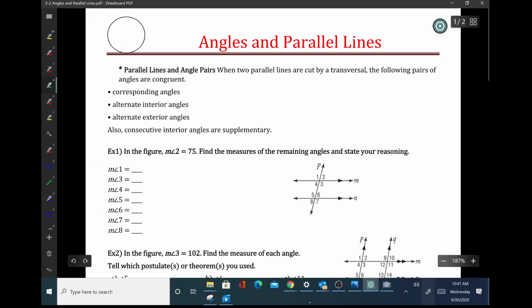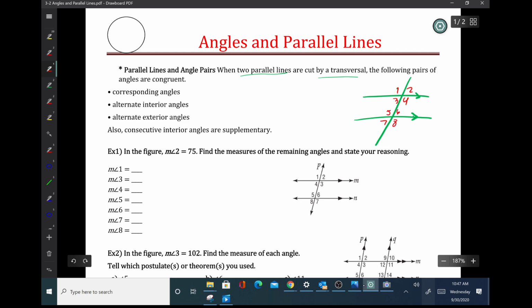So let's look at these notes. If two parallel lines are cut by a transversal, so two parallel lines, right? These are parallel. These are parallel. And they're cut by a transversal. 1, 2, 3, 4, 5, 6, 7, 8.